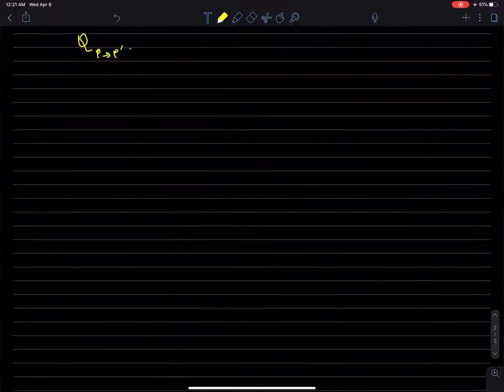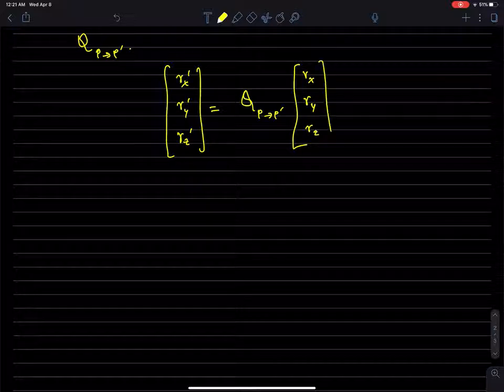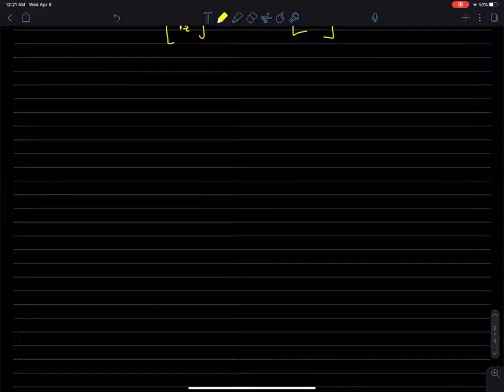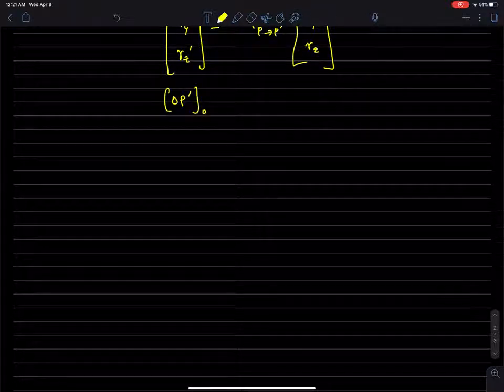In any case, we just have something like this, and what we're doing is just choosing to call this quantity, this transformation matrix, right? So that's what we're calling. If we want to write it in vector form, well, what we have written here is OP dash and then some tensor.